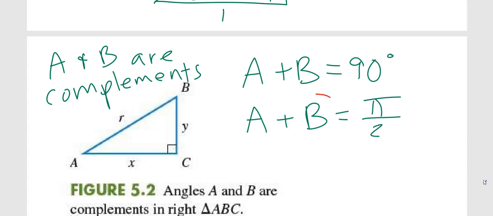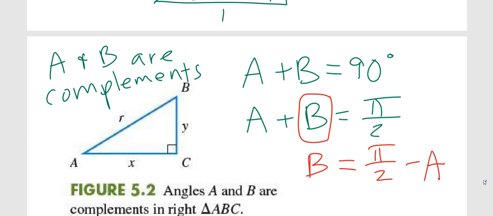Solve that particular equation for letter B. B equals pi over 2 minus A. So this angle right here, I'm going to label it pi over 2 minus A. Maybe I should zoom in and make it fit inside the triangle.